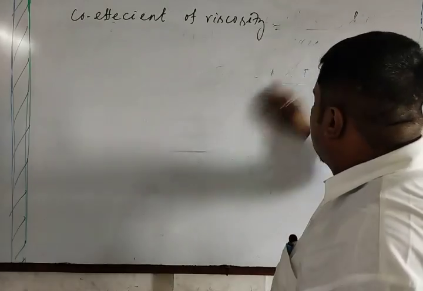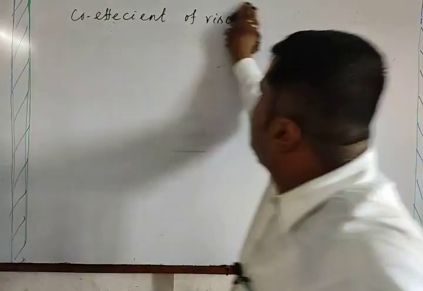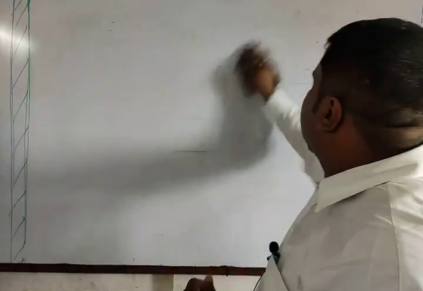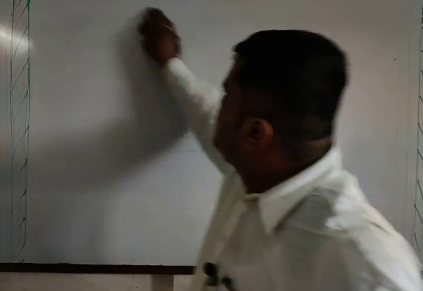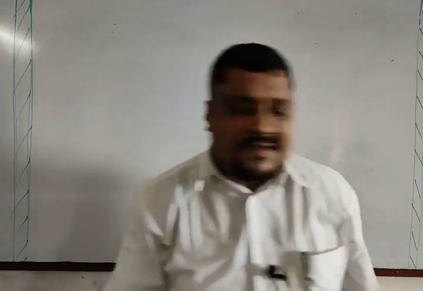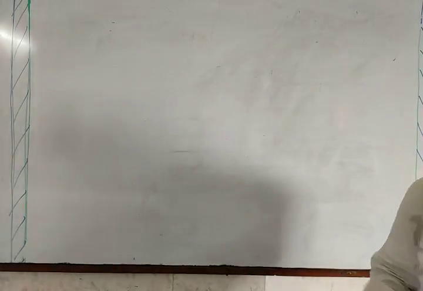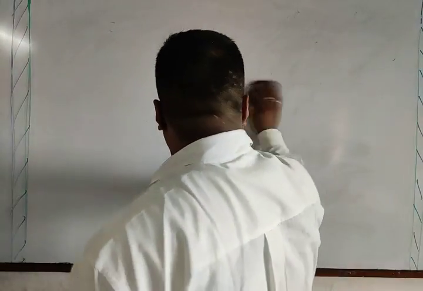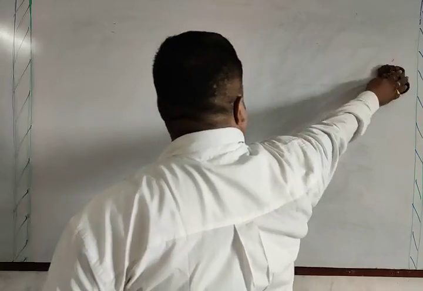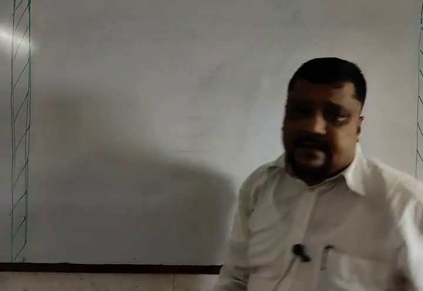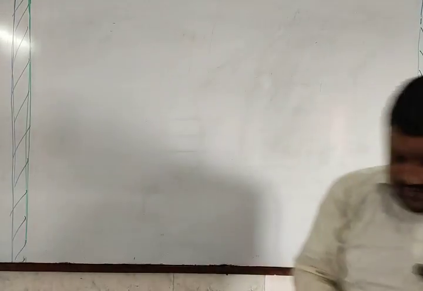This term comes in gravitation. When you read about gravitation, it means the force between two massive bodies. In that gravitation, you will find a physical quantity called the gravitational constant.